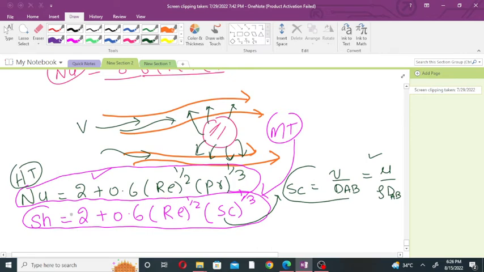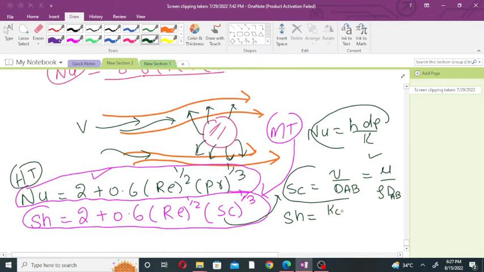And what is this Sherwood number? The Sherwood number is just like the Nusselt number. The Nusselt number was equal to h, the heat transfer coefficient, times the diameter of the particle divided by the thermal conductivity of the material. But for the Sherwood number, in place of the heat transfer coefficient, we will use the mass transfer coefficient.